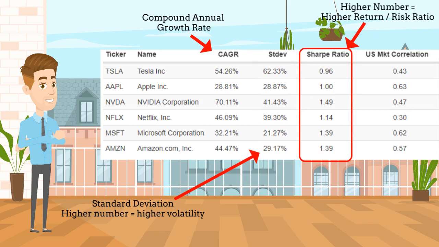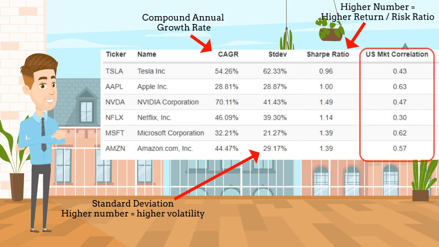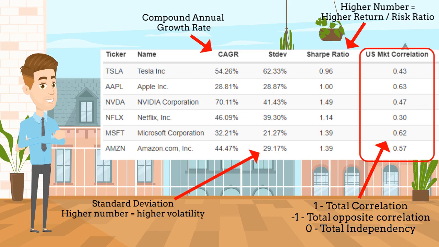Sharpe ratio. In simple words, it is the return to volatility ratio. Higher number means you get more return for a unit of volatility. U.S. market correlation. It shows how the asset moves in relation to the U.S. market. The value can range from -1 to 1. 1 means total correlation, -1 means total opposite correlation, while 0 means total independency.